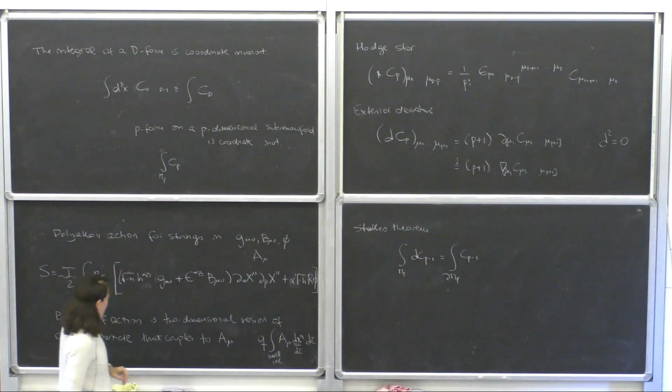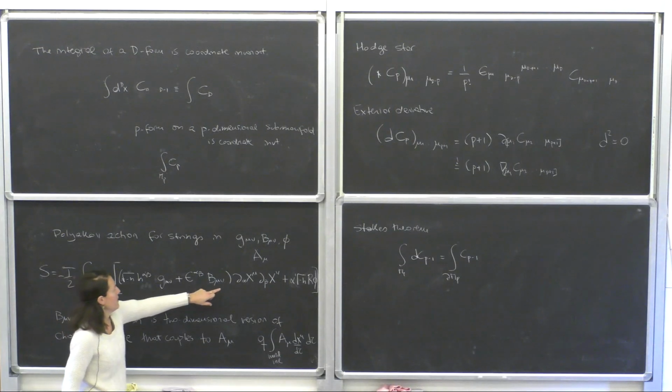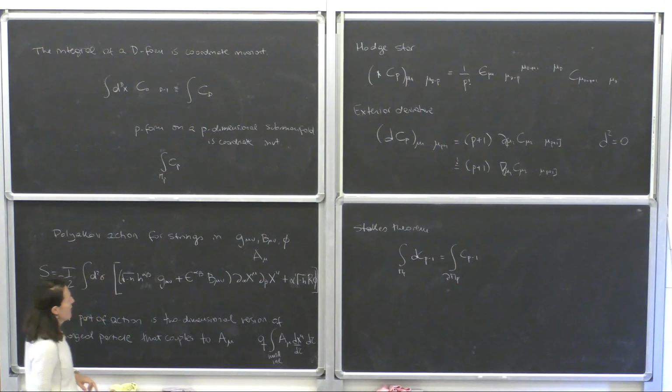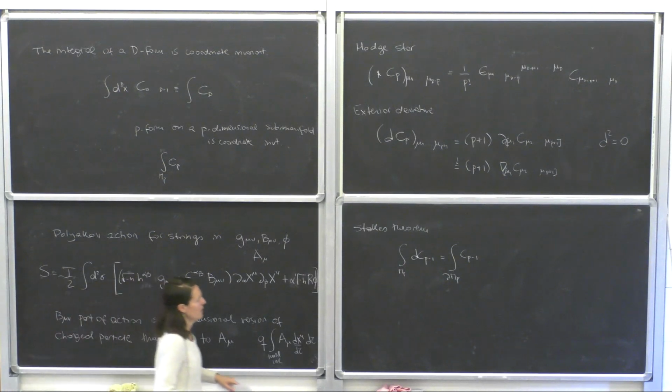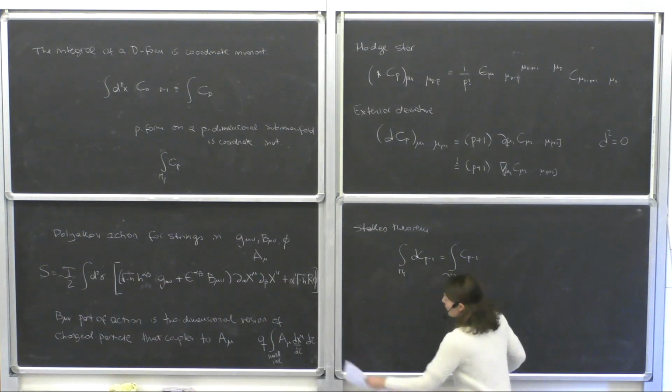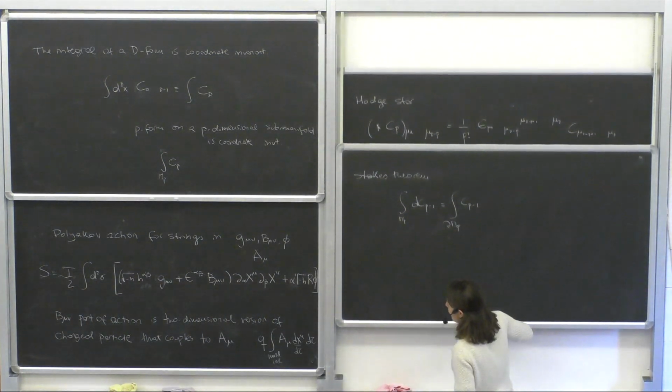Okay, good. So now back to our known and loved Polyakov action, and the question whether this is gauge invariant. And now I can answer this question in terms of forms, so it's much nicer. You don't get all these dx, d alpha things.